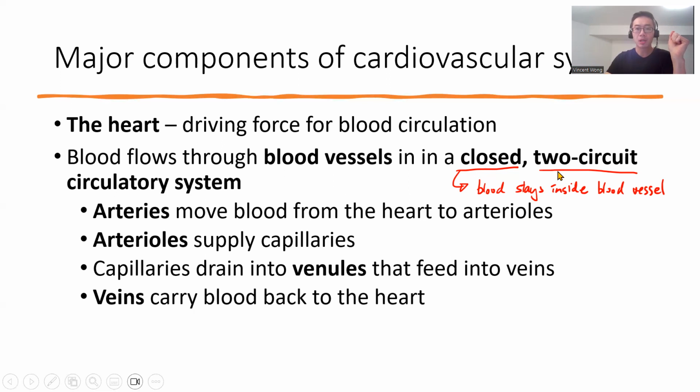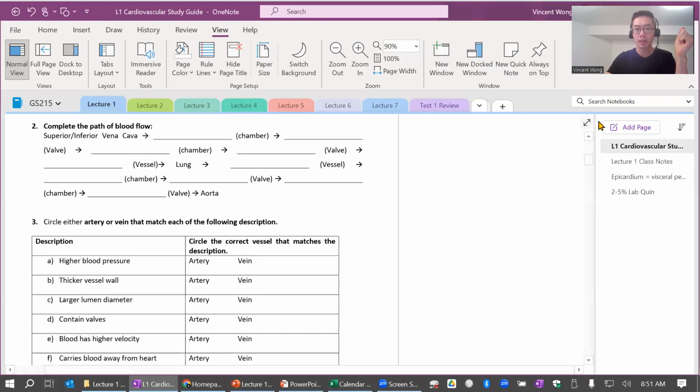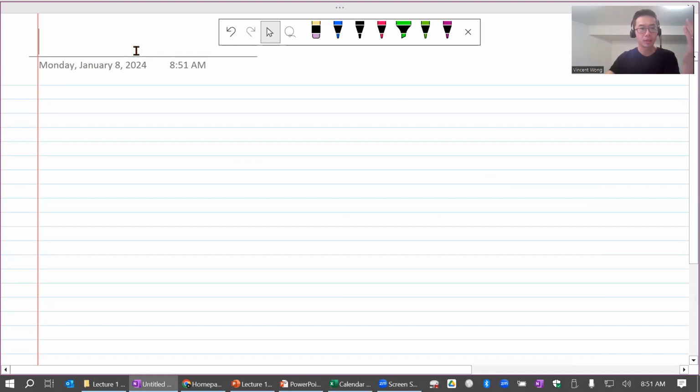And we also have what's called a two-circuit circulatory system. So let's take a quick note here, and do make big diagrams. We're going to come back to this diagram throughout the course, and we're going to add details to it as we progress.